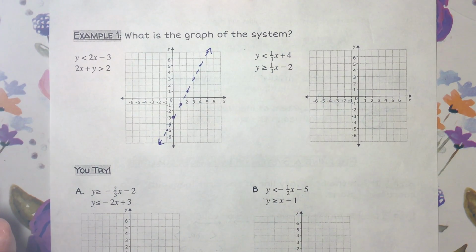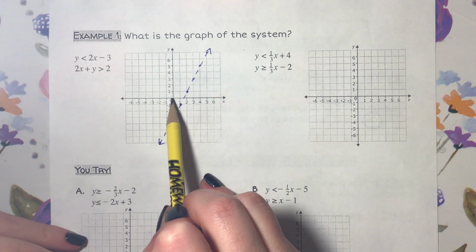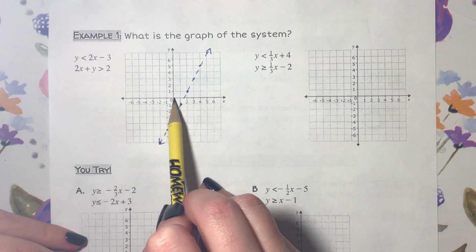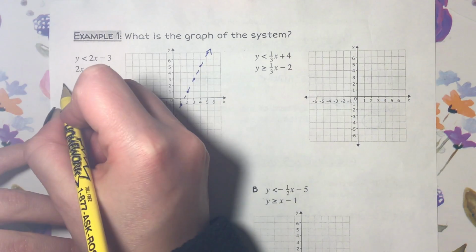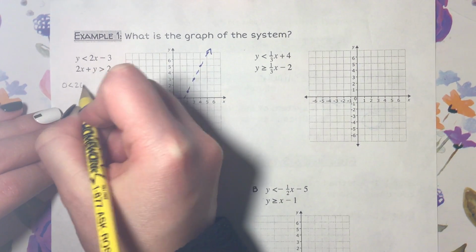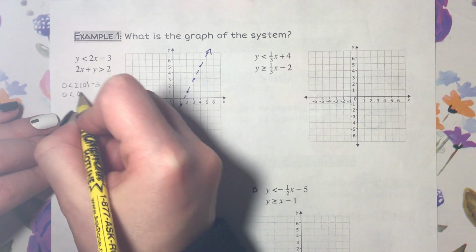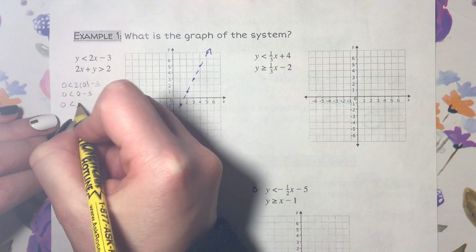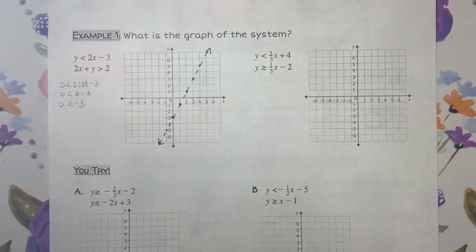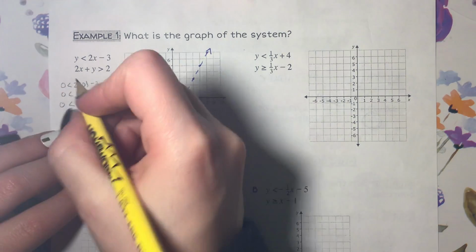Now I need to determine, do I shade above or below? So I'm going to see, is 0, 0 right here, is that an answer? So I'm going to say 0 is less than 2 times 0 minus 3. That gives me 0 is less than 0 minus 3, or 0 is less than negative 3. So ask yourself, does that make this inequality true? No, it does not.